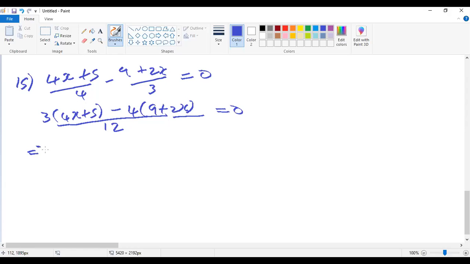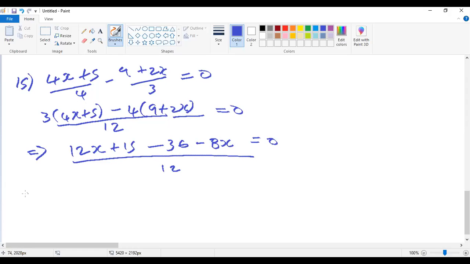And then we multiply these out. 36. 8x. All right, so the next move now, we'll group up the like terms. So I'll show a little work in here. This is all over 12.